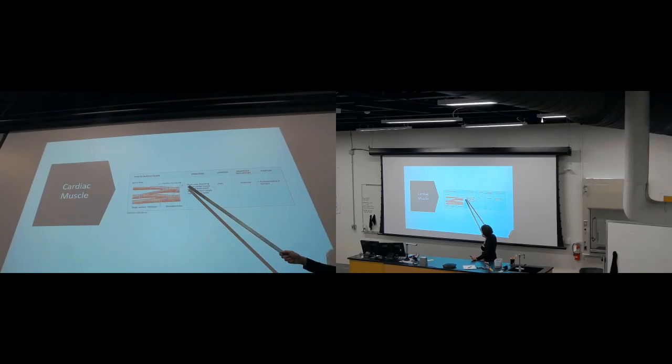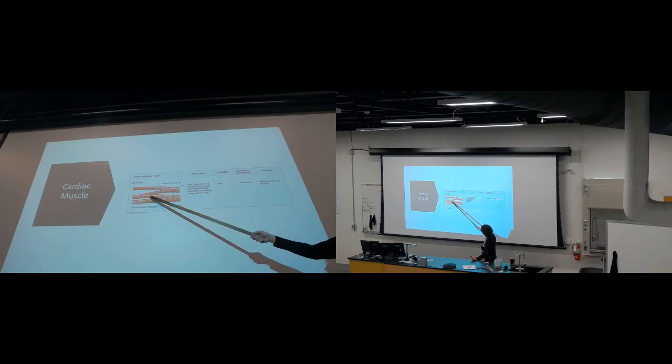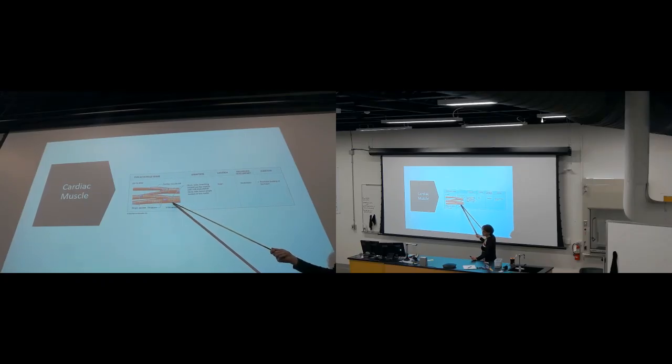It also has striations, and at the end of these cells you have these intercalated discs that are specialized connections. These intercalated discs are serrated and help the cardiac muscle cells connect so strongly, because these are the ones that contract much stronger than the rest, and they prevent separation of these fibers when you are propelling blood.